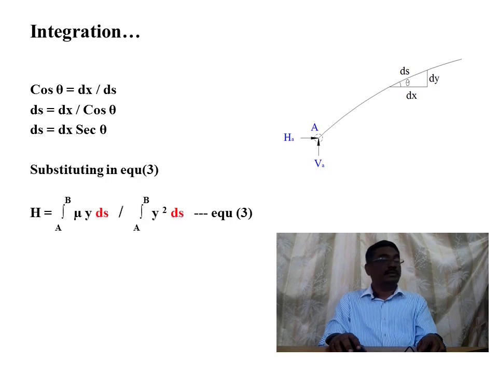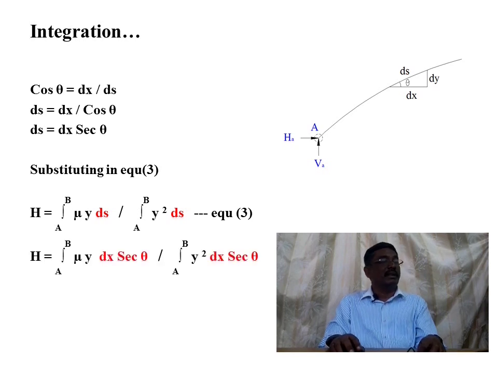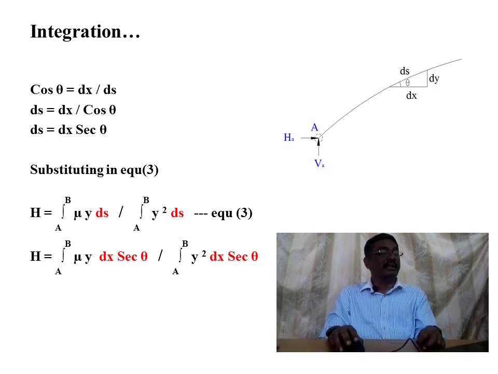Let us substitute the value of ds in equation 3. The equation 3 is shown here: H is equal to integral a to b mu y ds divided by integral a to b y square ds. Let us substitute the value of ds with dx secant theta in this equation. As a result, we get integral a to b mu y dx secant theta divided by integral a to b y square dx secant theta.